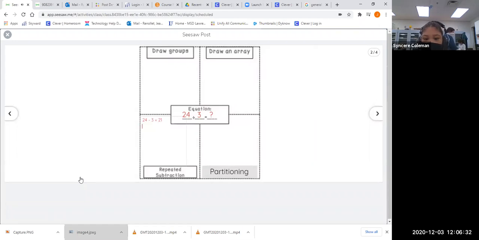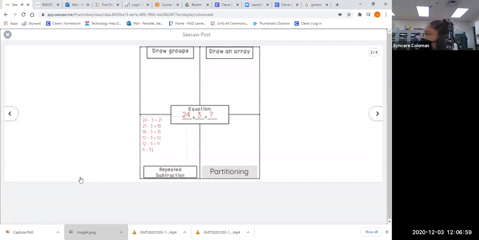24 subtract 3 gives us a difference of 21. With 21, I'm able to subtract 3 again. 21 subtract 3 is a difference of 18. I'm still able to subtract 3. 18 subtract 3 gives us a difference of 15. 15 subtract 3 gives us a difference of 12. 12 subtract 3 gives us a difference of 9.